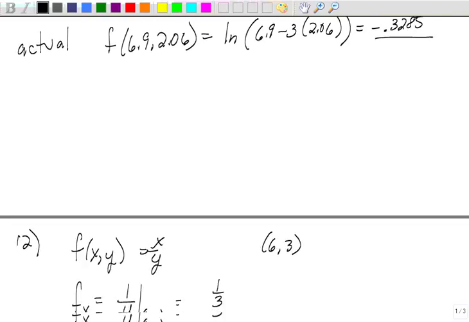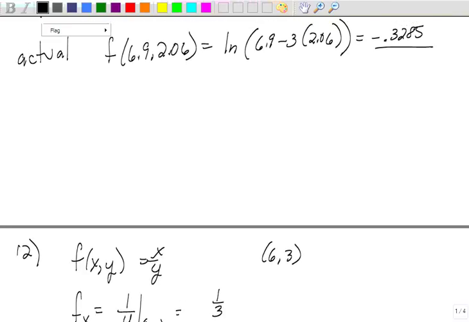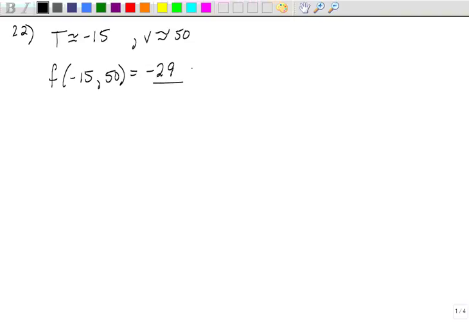Okay, in 22 we're going to use a table. T is around negative 15 and V is around 50. So I know from the table that f of negative 15, 50 is negative 29. Okay, first thing you do.